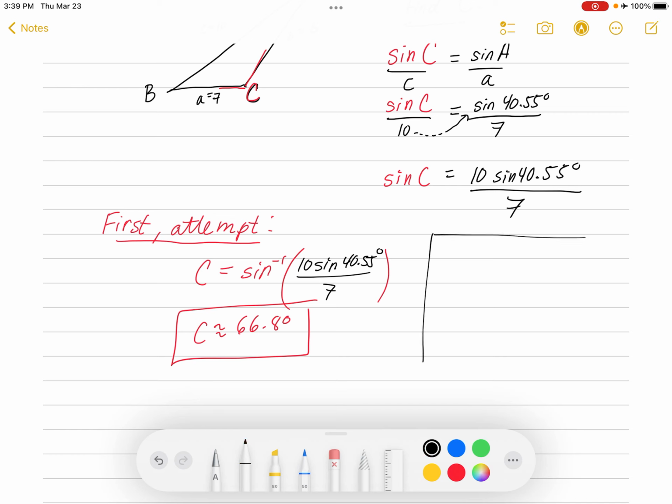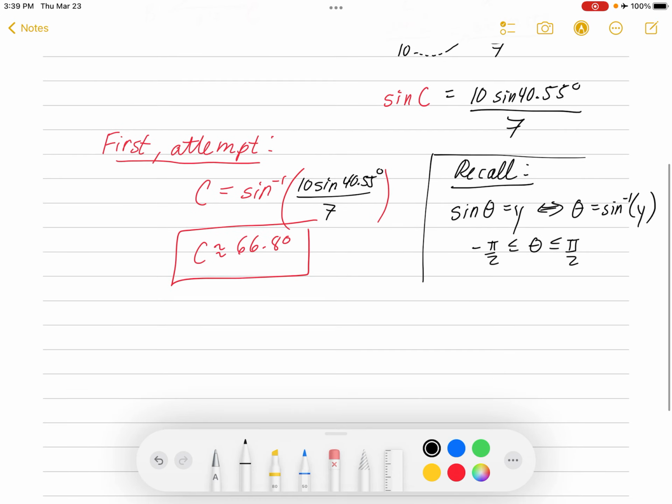Remember when we're taking the sine inverse, let's recall the following. When I'm saying that the sine of theta equals y, this is equivalent to saying theta is the sine inverse of y. But you can only do this when your angle theta is between negative pi over 2 and positive pi over 2. In other words, theta has to be between negative 90 degrees and positive 90 degrees.